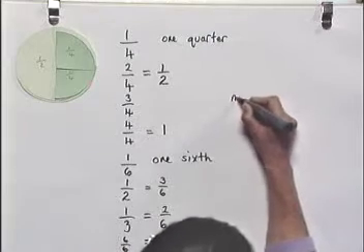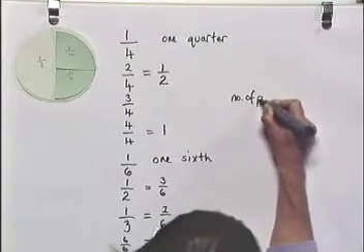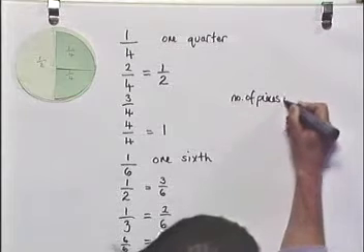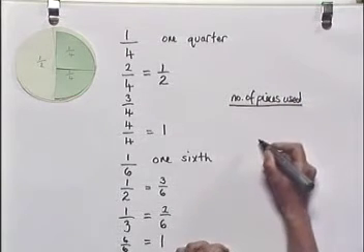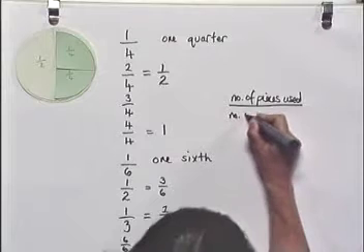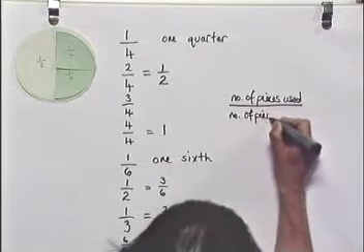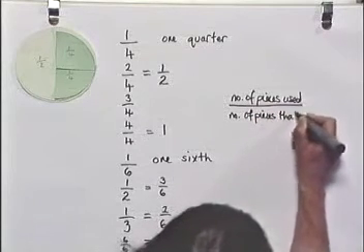So, fractions we can look at in 2 ways. We can look at it as the number of pieces that we've used divided by the number of pieces that make a whole.